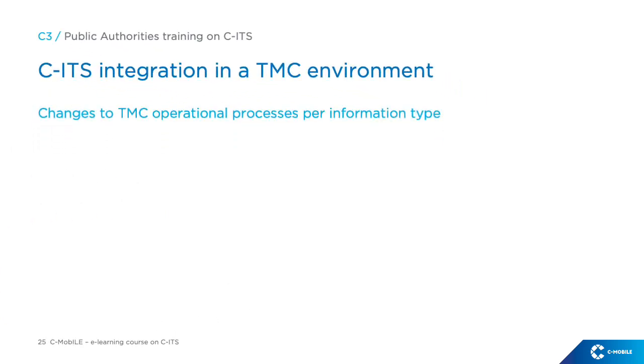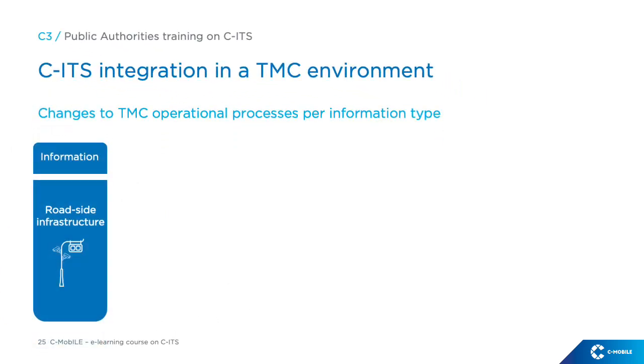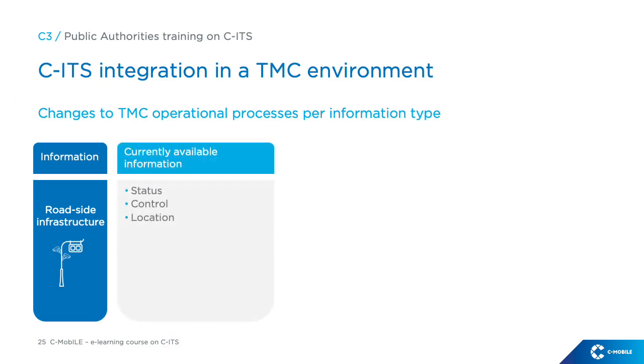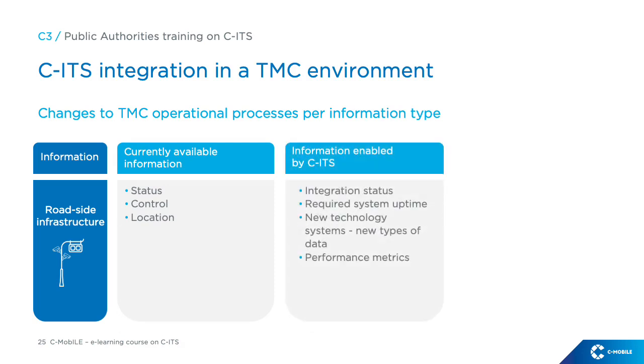The information currently available to traffic management centres from roadside infrastructure, such as traffic lights, basically includes their status, control, and location. CITS can enable the exploitation of additional information, including the integration status, the required system uptime, the new technology systems with new types of data, and various performance metrics.